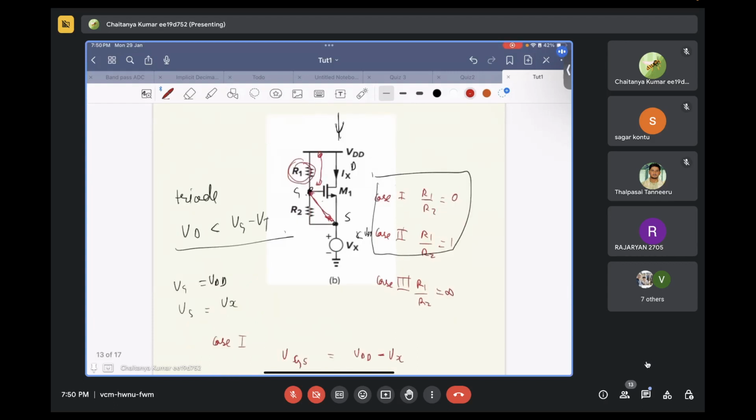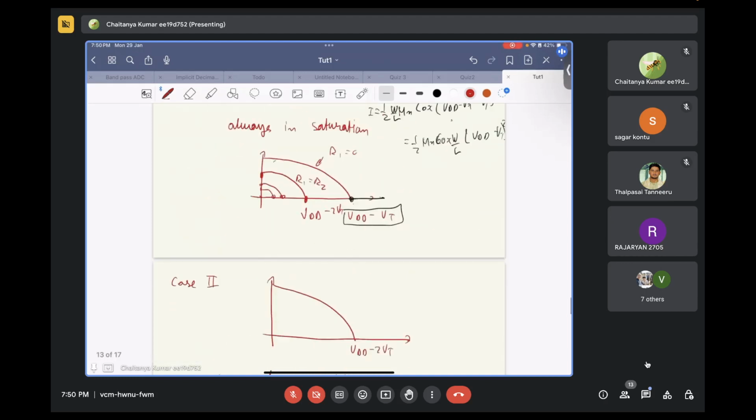So, if R1 is so high that all the voltage comes across R1 only, and there is no potential difference across R2, then your VGS will become 0. And if your VGS is 0, your device will never turn on. So you will just remain at this point. Okay, is it clear? Yes, sir.